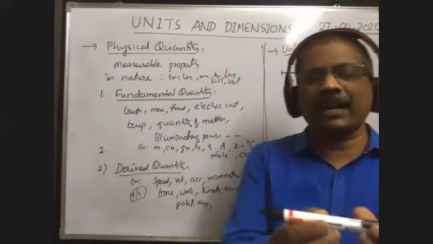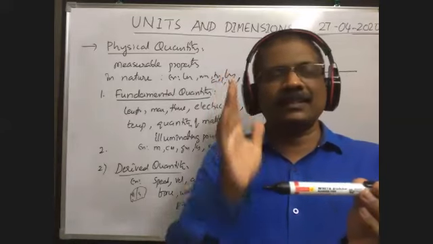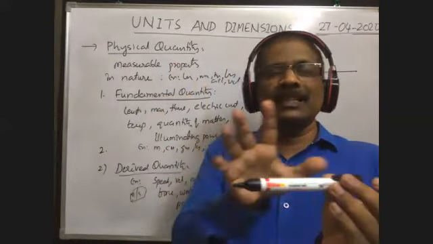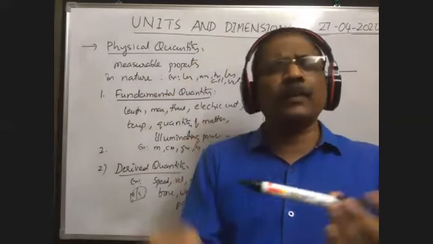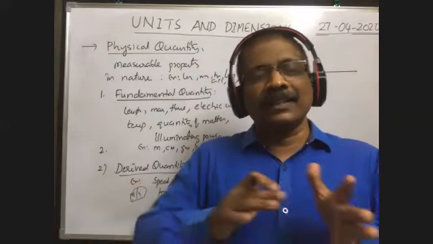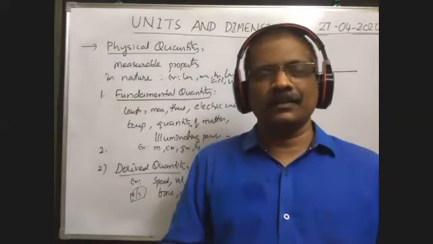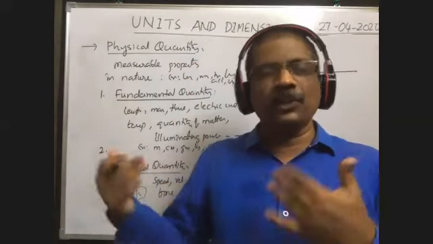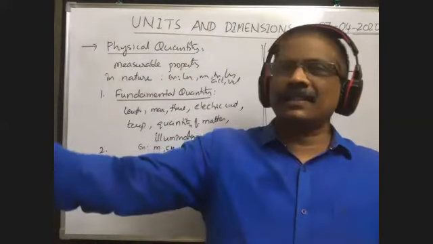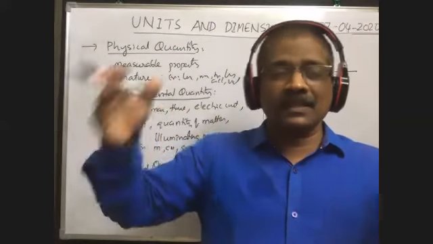If anybody has this much length, that is treated as a centimeter. Wherever you go in the world, this length is considered a centimeter only. Suppose from Vijayawada to Guntur, whatever the distance, if that length had been accepted internationally as a centimeter at an earlier stage, it would be considered a centimeter only.